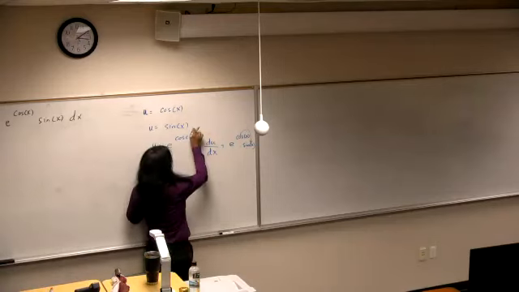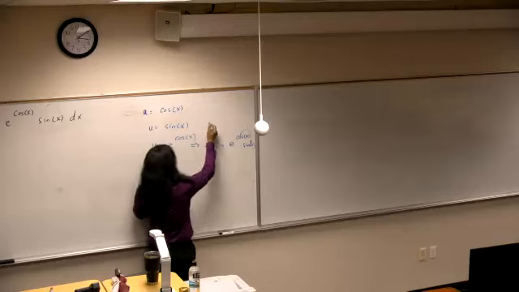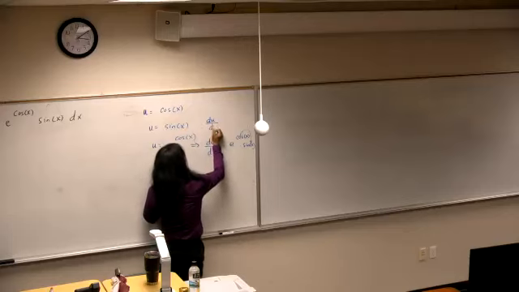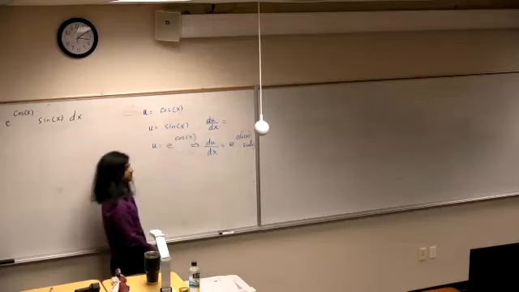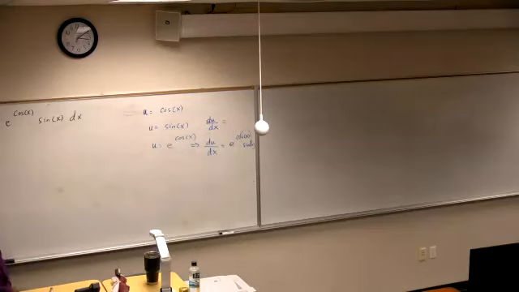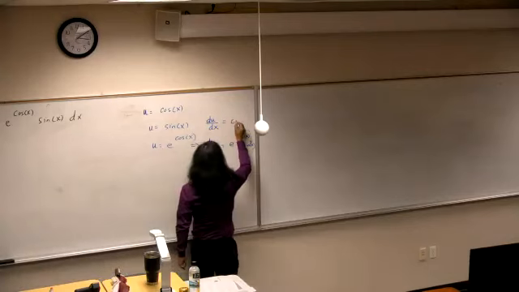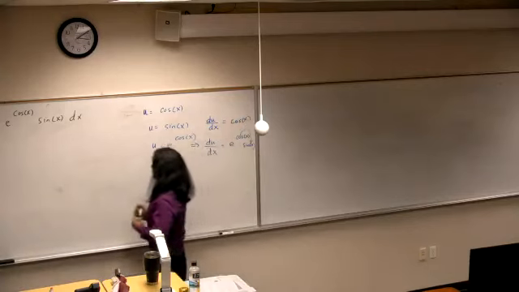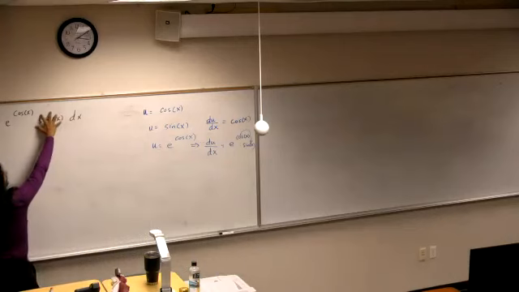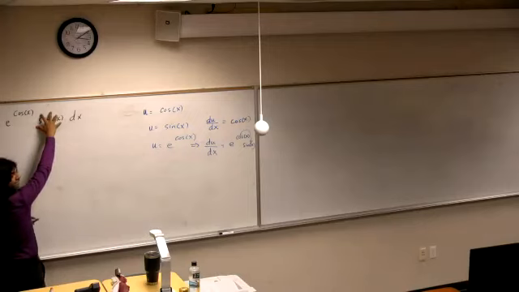Second one, if you took u to be sine x, du over dx will be cosine. So if I pick that part to be u, whatever is left behind in the integral should be cosine x.